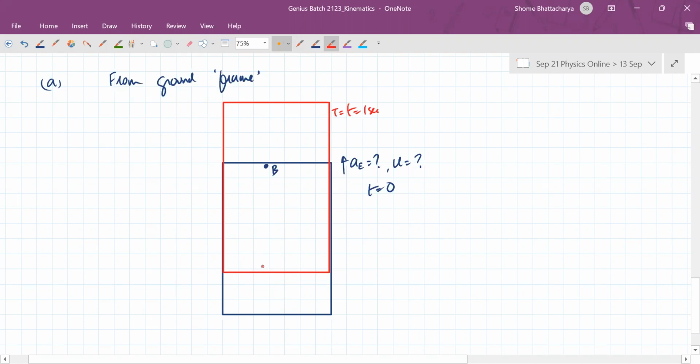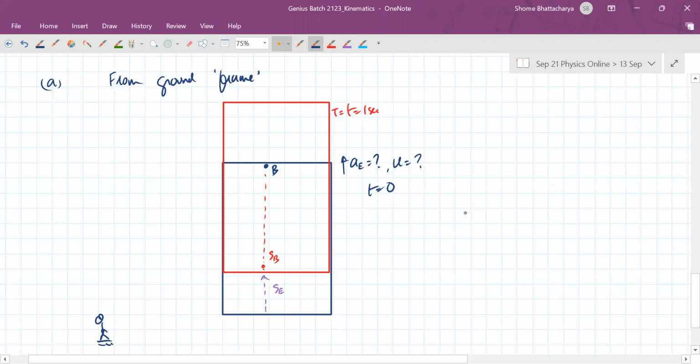The bolt has reached here. And the elevator has traveled like this. So for the observer on the ground, what is happening?